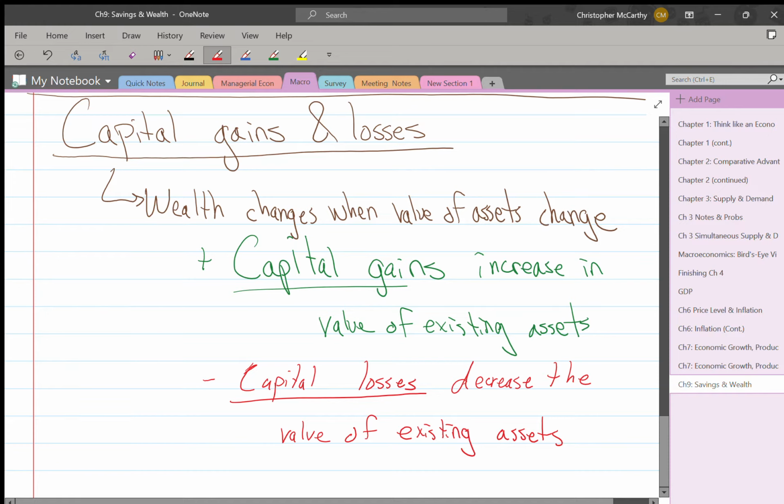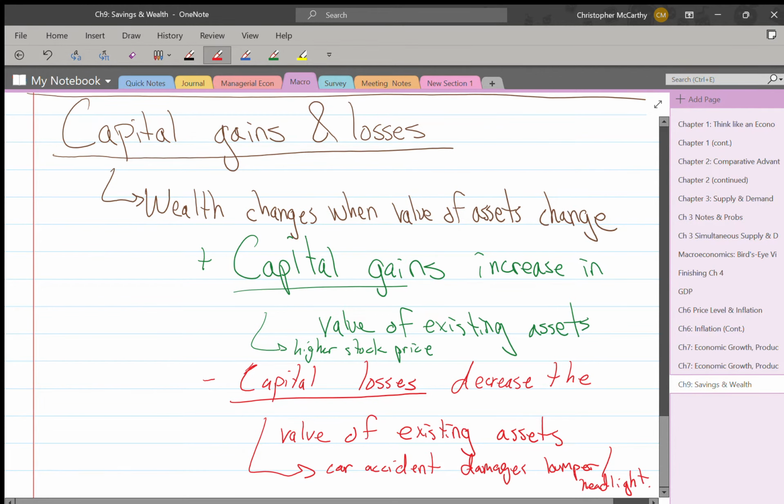So for capital gains, right, this one's pretty easy. We could just think of a higher stock price. For capital losses, we can think about a car accident that damages your bumper and front headlight. That's capital loss, dog.